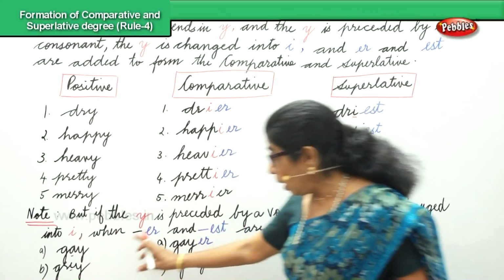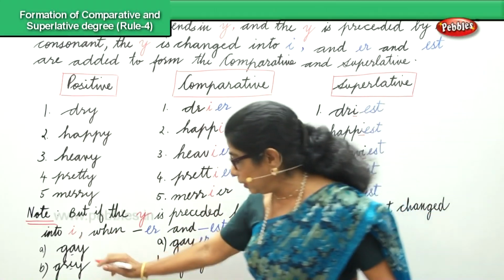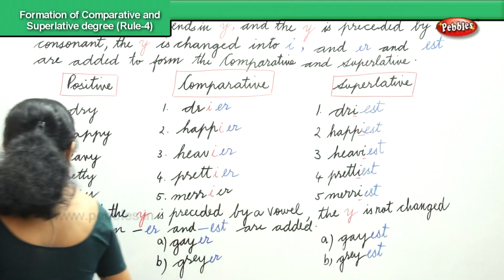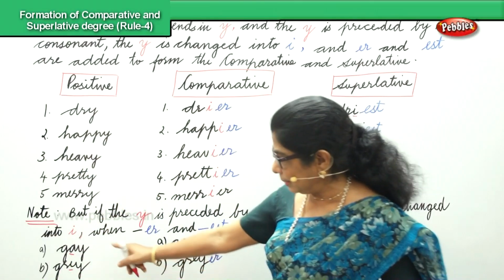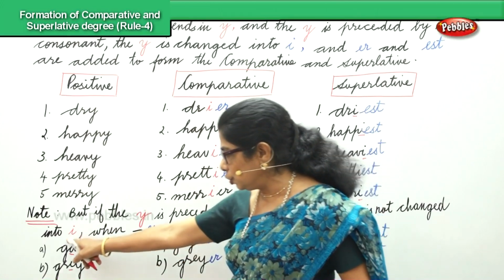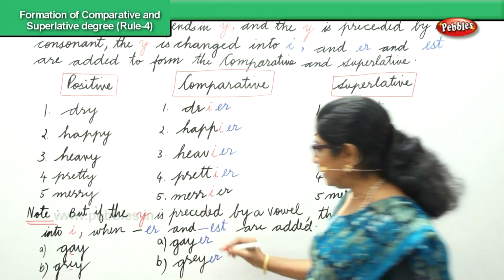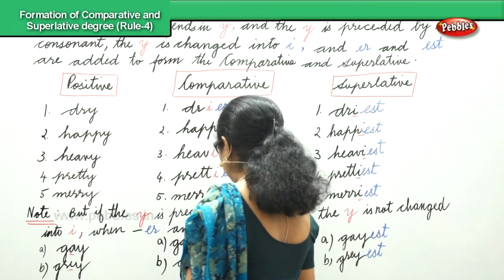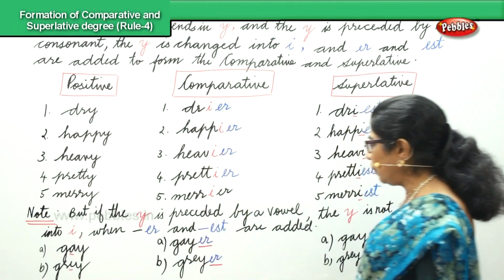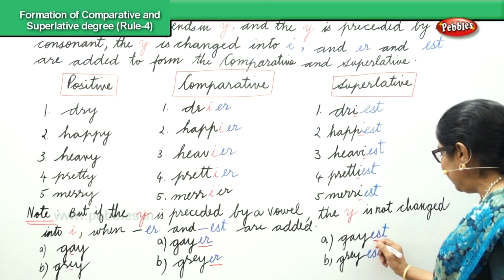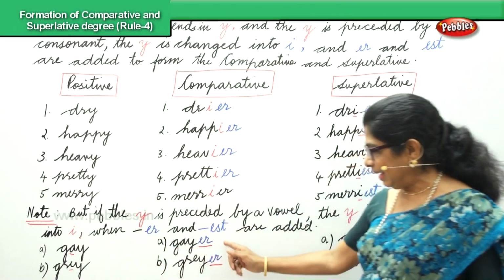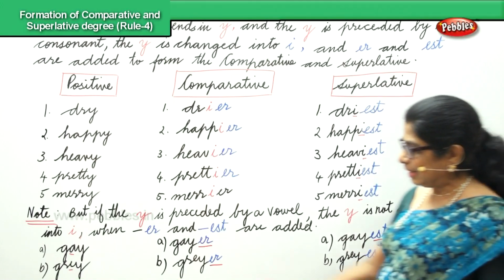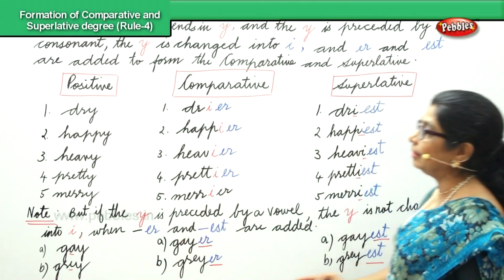If the Y is preceded by a vowel, E and A are the two vowels, in that case, the Y is not changed into I. You simply add ER to form the comparative and EST to form the superlative, like gay, gayer, gayest, grey, greyer, greyest.